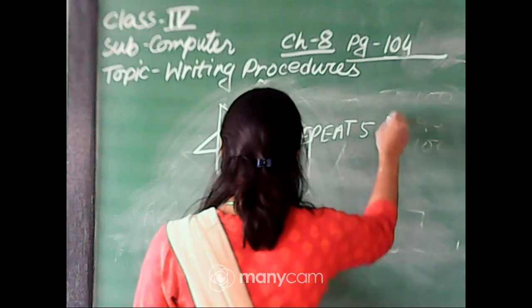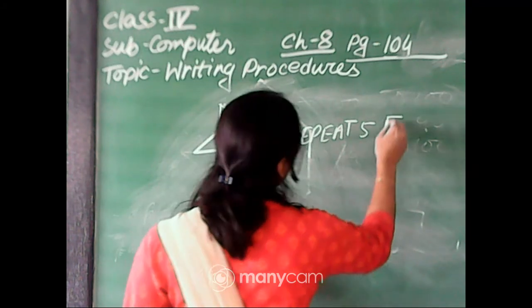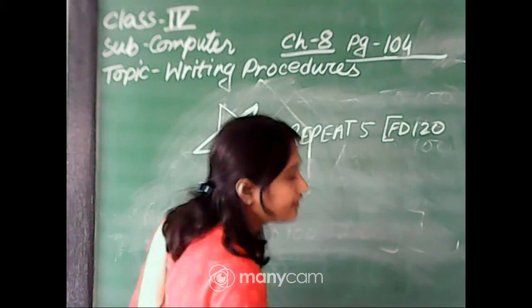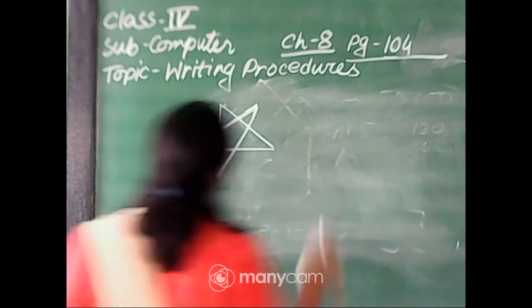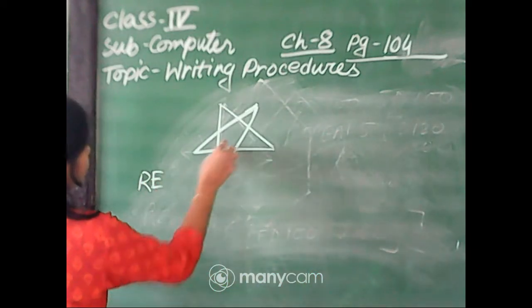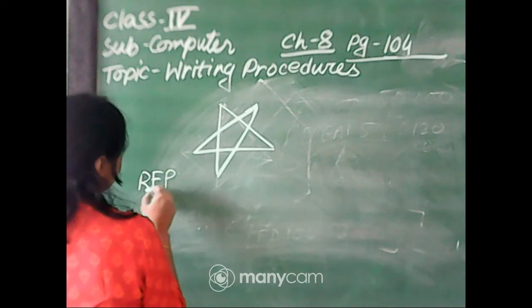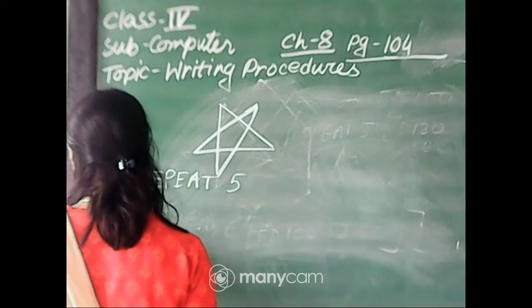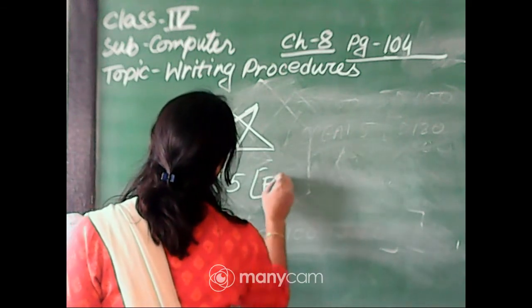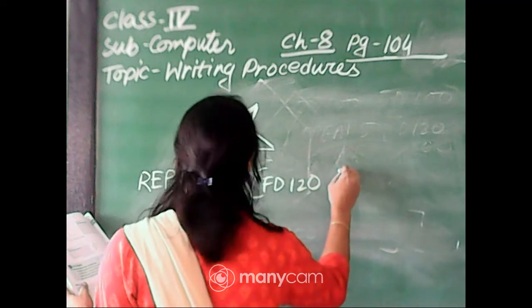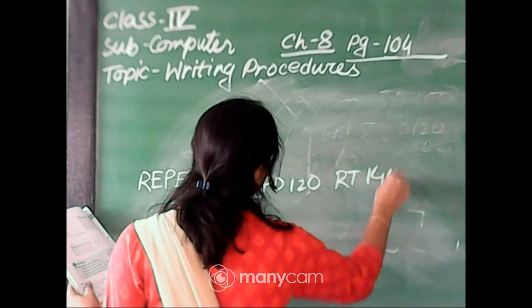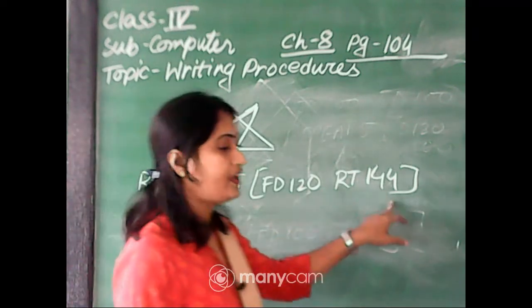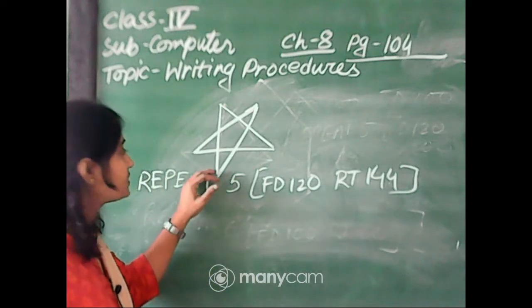Repeat 5, FD 120, RT 144. So, repeat 5, FD 120, RT 144, then you can see this type of star.